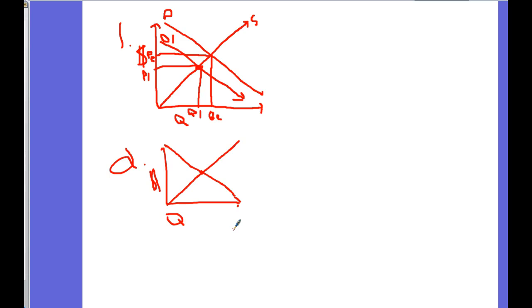Ramen noodles. Here's the scenario. The country is in the midst of a depression. So is that going to change supply or demand? Or is it going to change both?